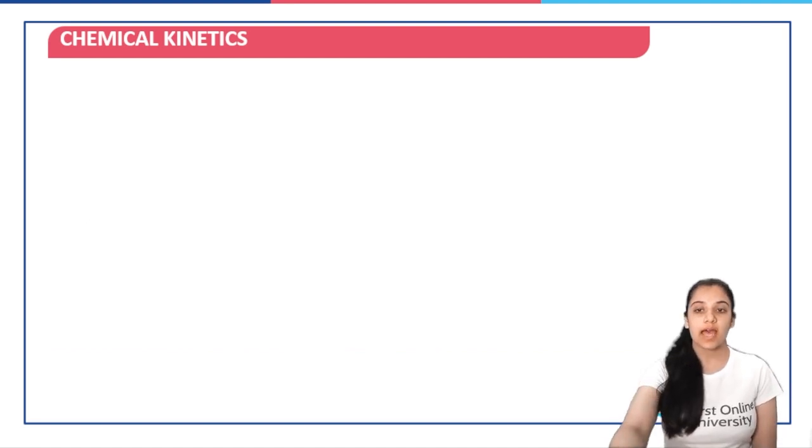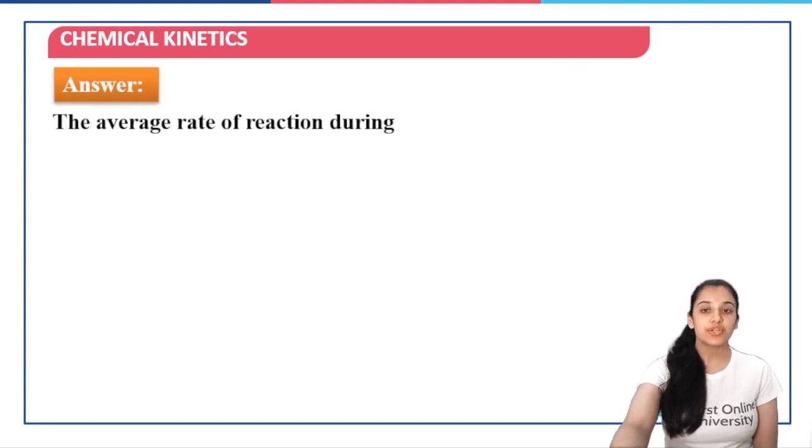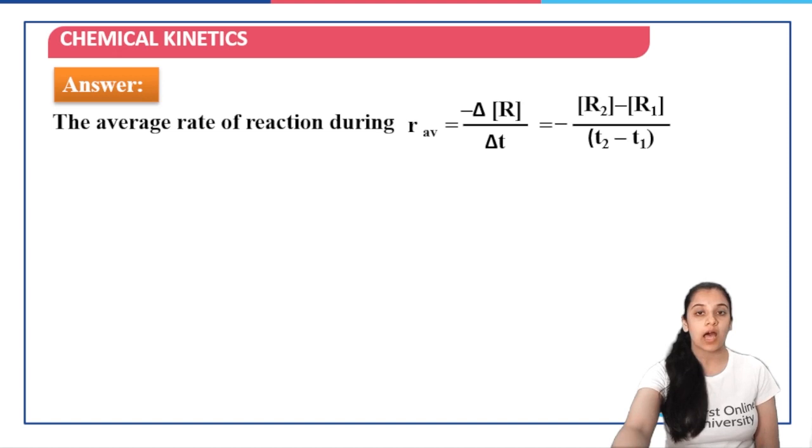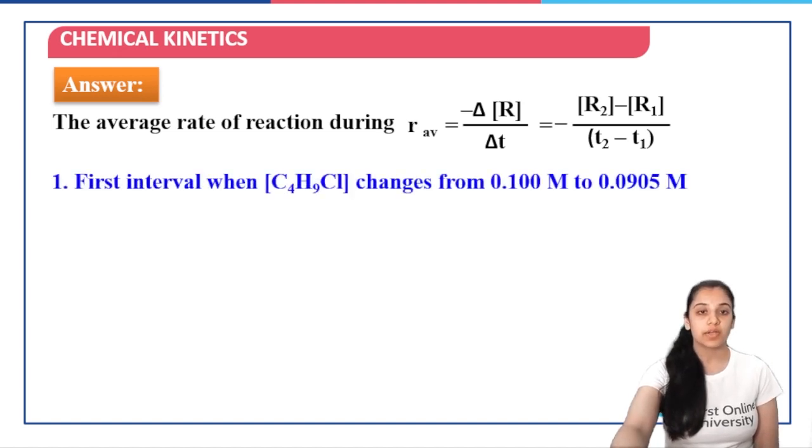Now let us have a look at the solution. The average rate of the reaction during the first interval, R average, will be minus delta R upon delta T, which is minus of R2 minus R1 upon T2 minus T1. In the first interval, the concentration is changing from 0.1 to 0.0905 molar. So R2 is 0.0905 molar and R1 is 0.1 molar.